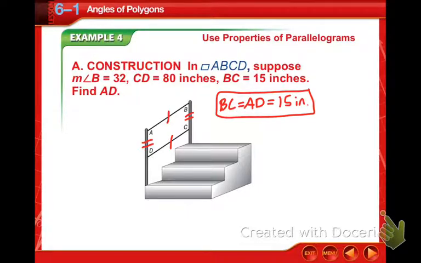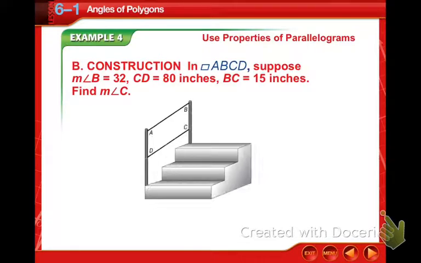All right, now let's look at our next one. Same image, everything stayed the same. Now we just need to find the measure of angle C. So again, we're just using these properties. We know angle B to be 32 degrees. So if this is 32, we know that consecutive angles are supplementary.